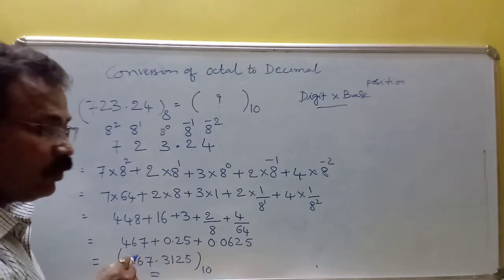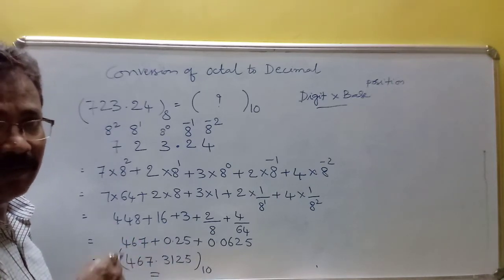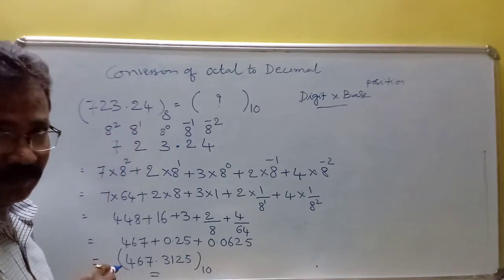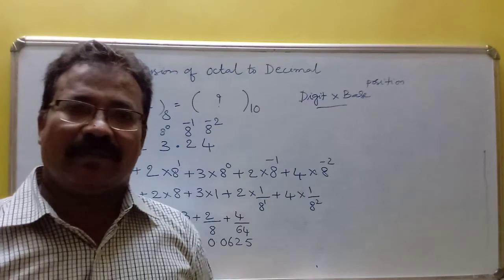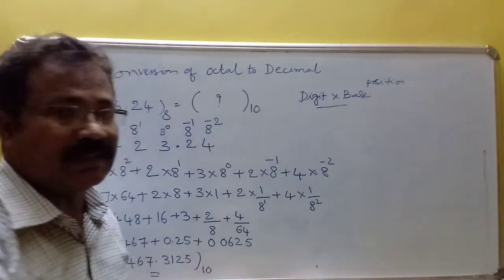Then you can get the equivalent decimal number of the given octal number. That is the process of converting the octal into decimal number.